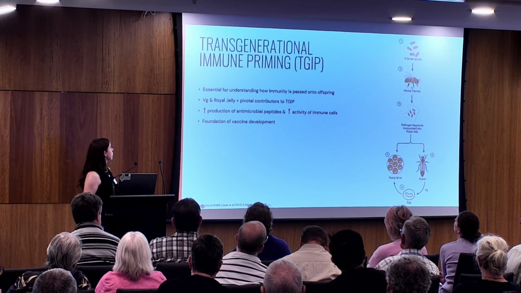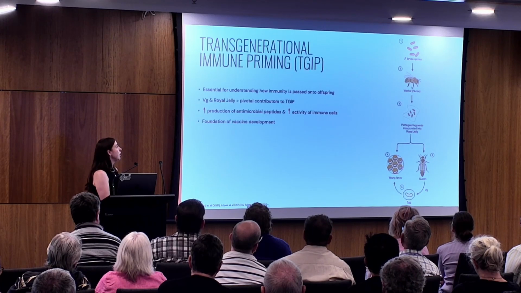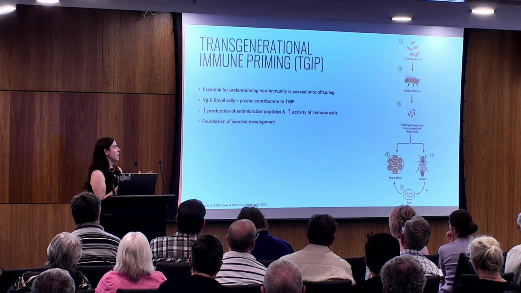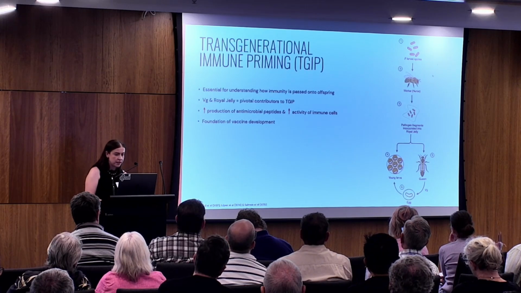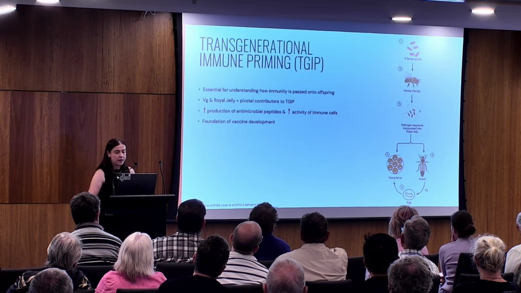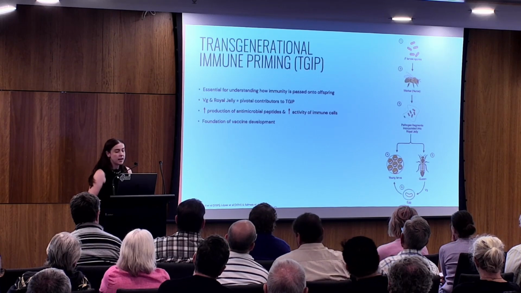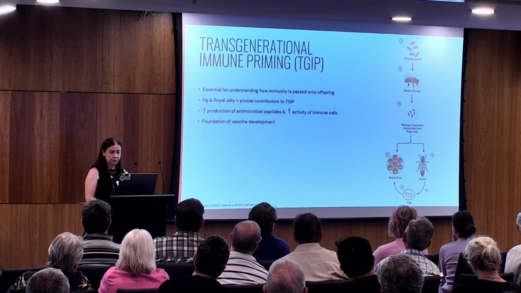Looking at the image on the right here is the predicted mode of TGIP upon infection with a pathogen. When the nurse bees ingest the pathogen, the pathogen fragments are then incorporated into the royal jelly, as seen here, and then either fed to the young larvae or the queen.